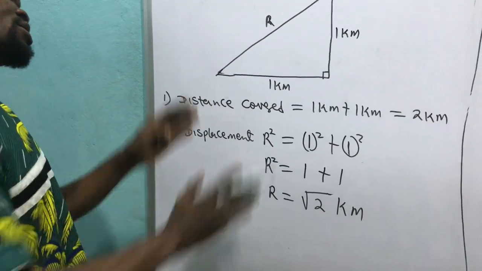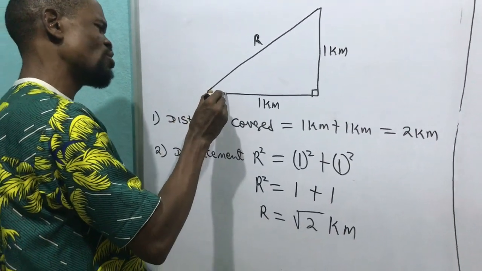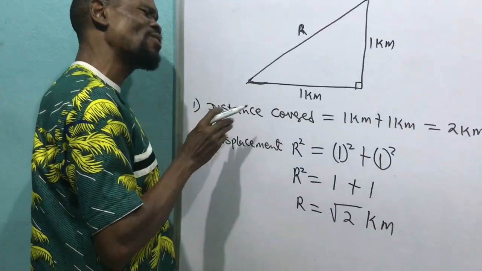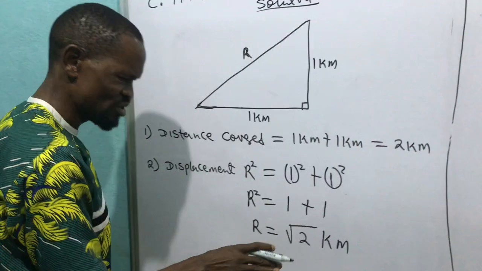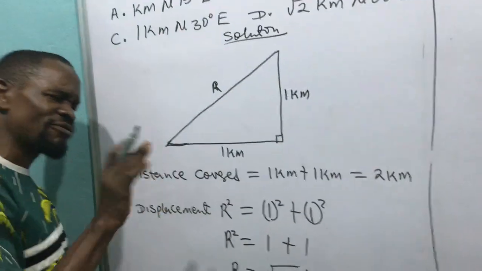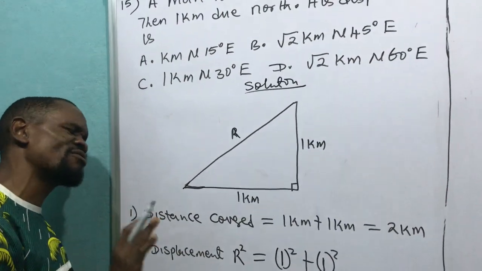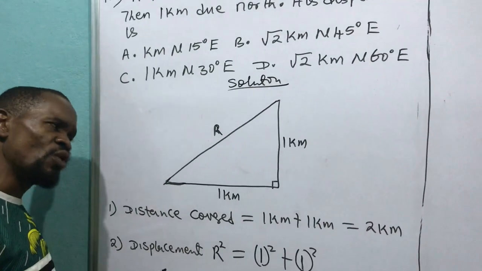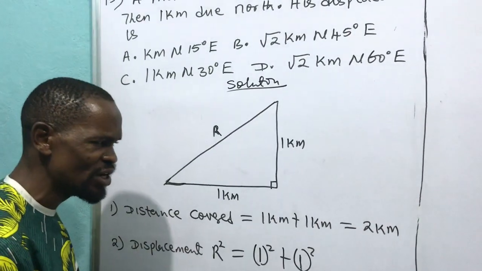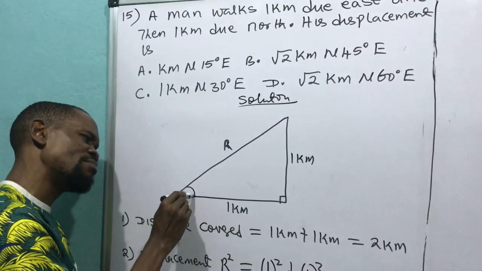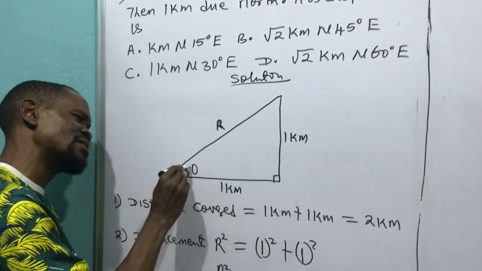Then what's the direction? You remember that the direction of the resultant force is always the angle it makes with the horizontal. And what's the angle it makes with the horizontal? Look at theta.